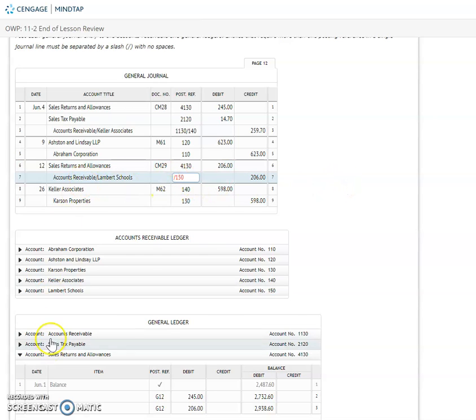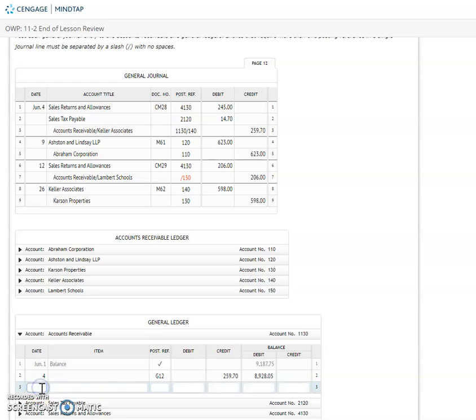And then I need to post to my accounts receivable for the 12th, G12, and I have a credit of $206. A debit and a credit means I'm subtracting. My new balance is a debit balance of $8,722.05, and account number 1130 will go back up in front of that slash.